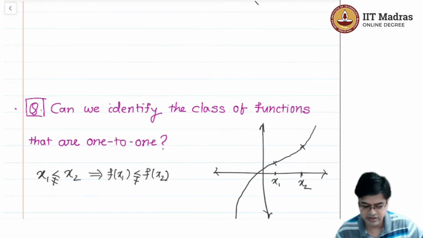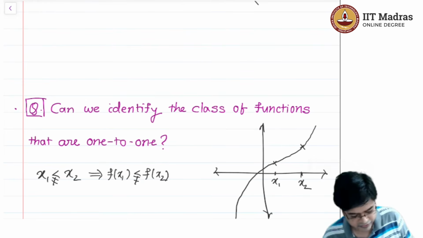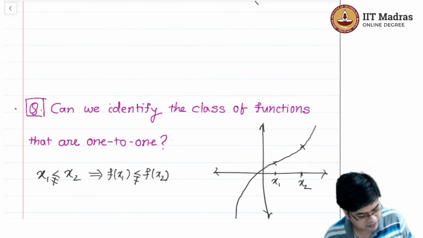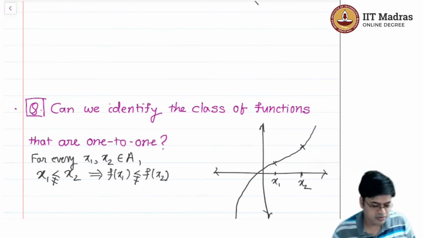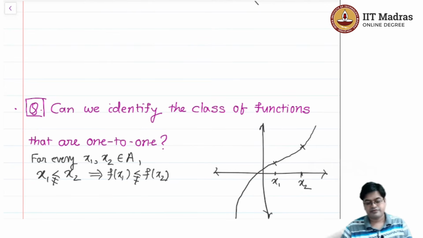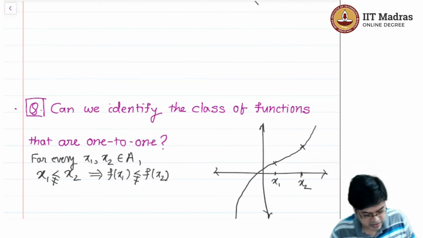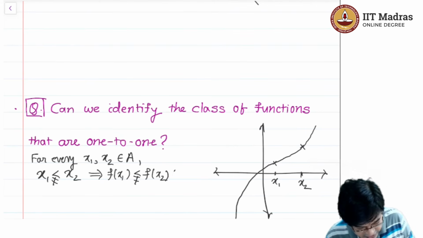And this is true for every x1, x2 belonging to A. Then I am done. But this function has a name, they are called increasing functions.